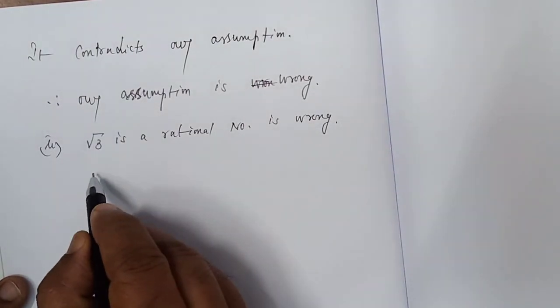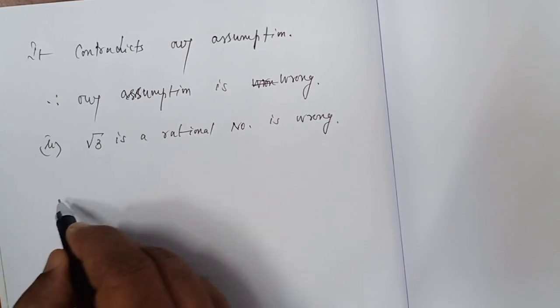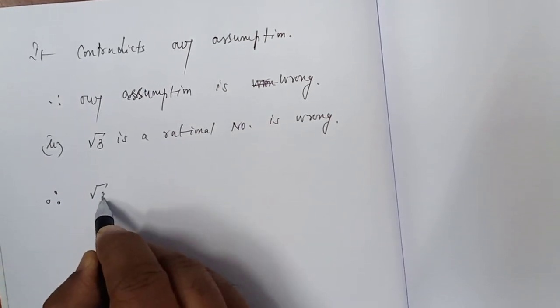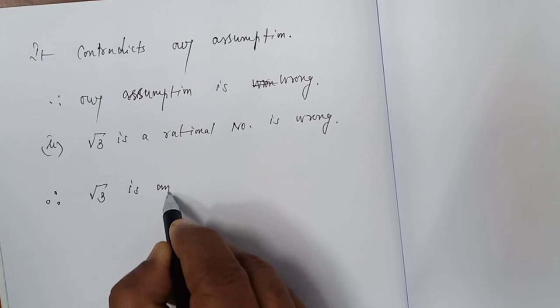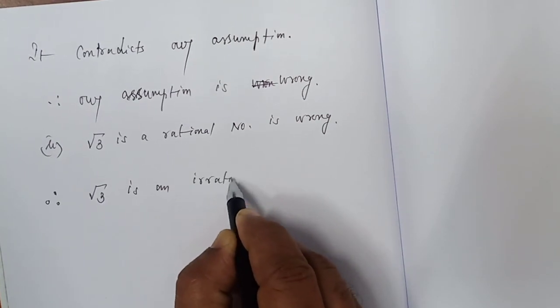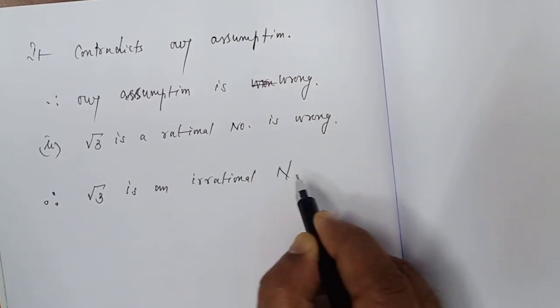Therefore, what about root 3? Root 3 is an irrational number. Therefore, root 3 is an irrational number.